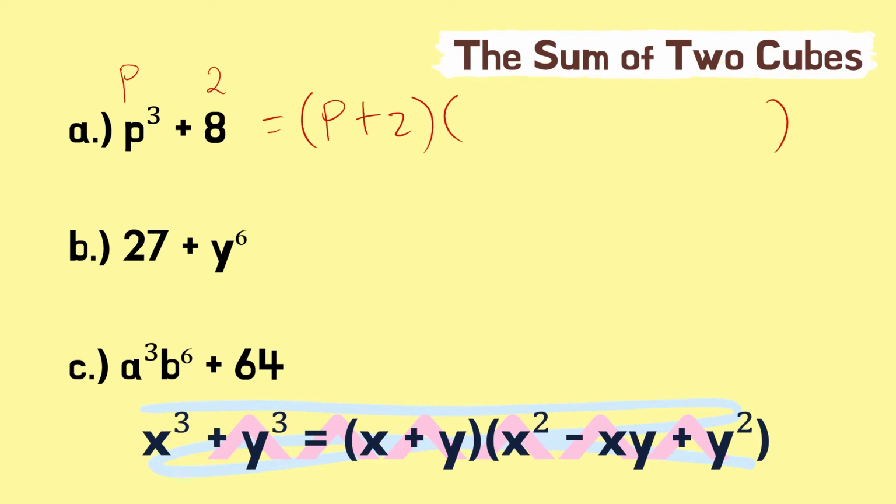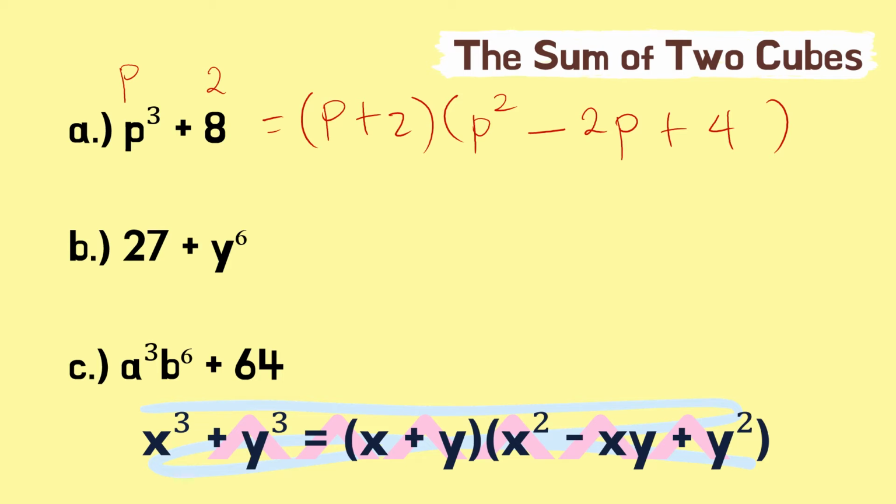And for the trinomial factor, first, you have to get the square of the first number. So, that is p times p, we have p squared. Minus the product of the two numbers. So, what is p times 2? So that will be 2p. And plus the square of the second number. What is the square of 2? So that is 4. 2 times 2 is 4. Therefore, that is the factor of p cubed plus 8.